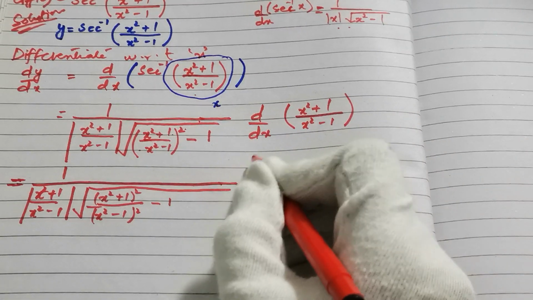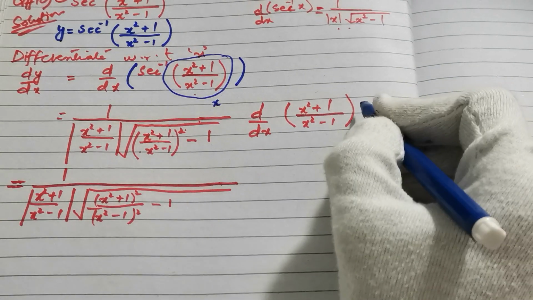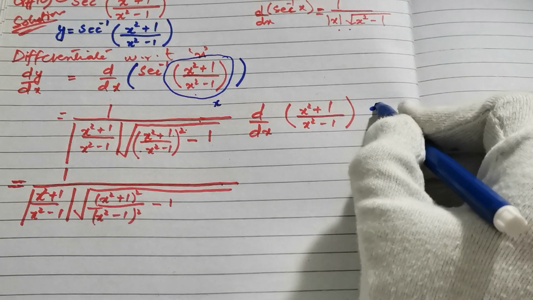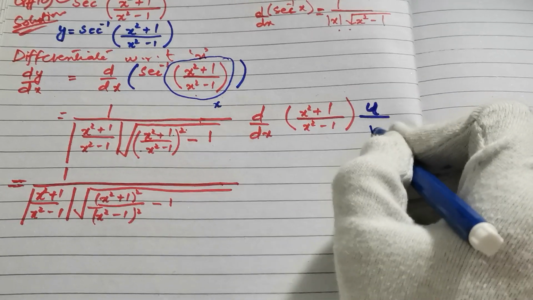Now differentiate this term. Here we can see there are two variables in a quotient, so we use the quotient rule. We consider this term as u and this term as v.